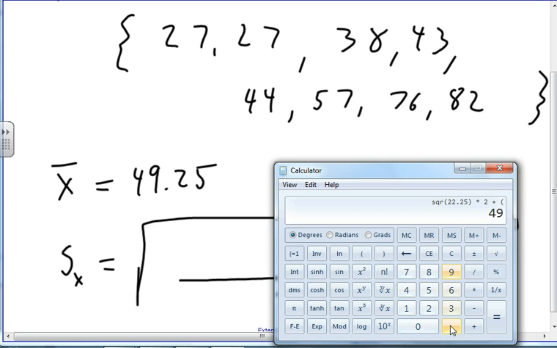Parentheses, 49.25 minus 38 close parentheses squared plus parentheses 49.25 minus 43 close parentheses squared plus parentheses 49.25 minus 44 close parentheses squared plus parentheses 49.25 minus 57 close parentheses squared plus 49.25 minus 76. Oh, I didn't put parentheses on there.